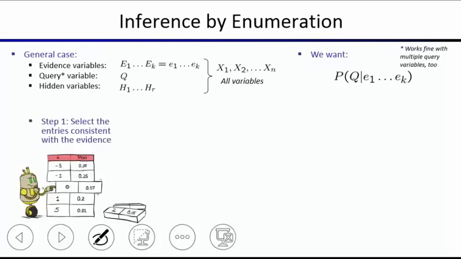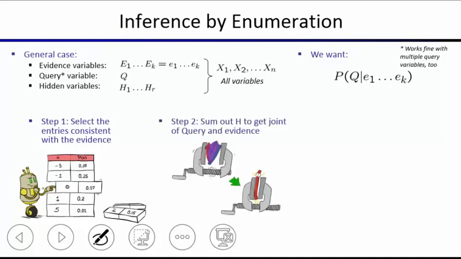Then our first step in inference by enumeration is to get rid of anything that's not consistent with the evidence, because we know that will not contribute to the final result of what we're computing. Then we sum out over the hidden variables, and then we're just left with a table with entries for the query variables and the evidence. That will actually be a joint distribution between the query variables and the specific instantiation of the evidence.